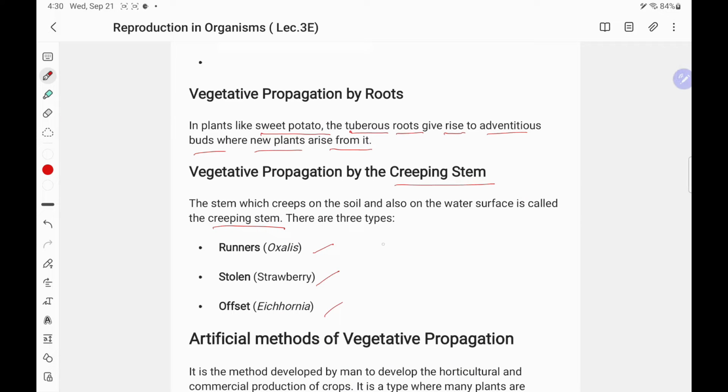Runner, oxalis: you can see like this, this is soil, root, stem, growing horizontally with the soil.